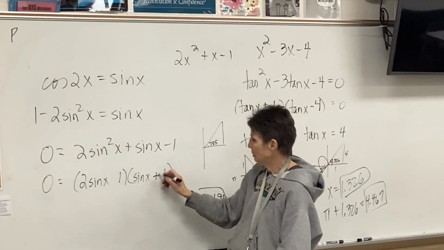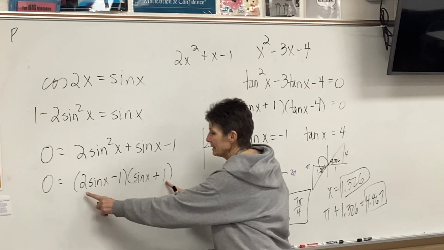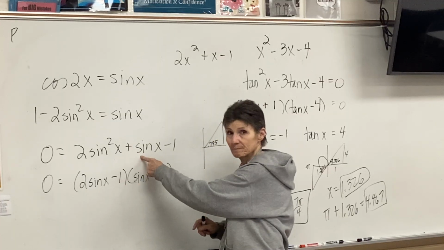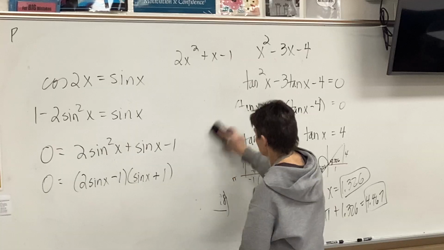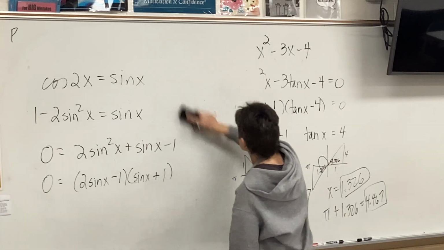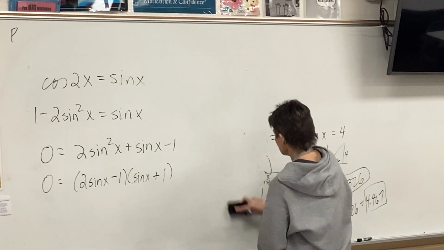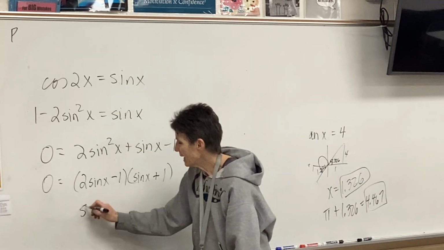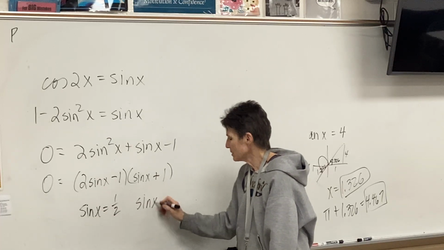This will be plus and minus because foiling gives me positive 2, negative 1. So sine x equals 1/2, or sine x equals -1.